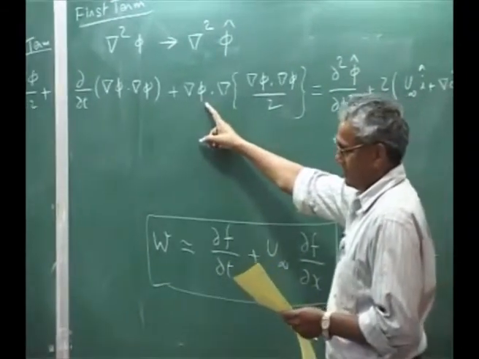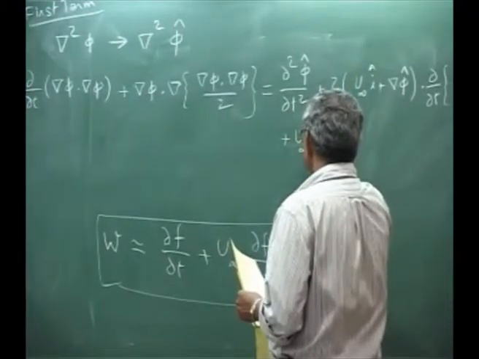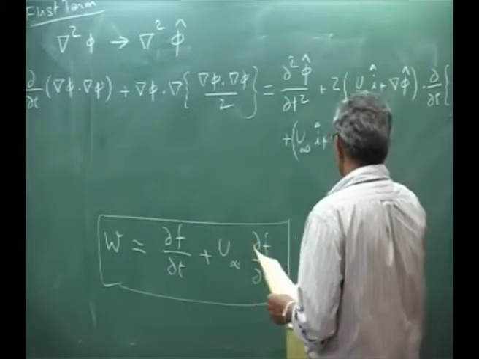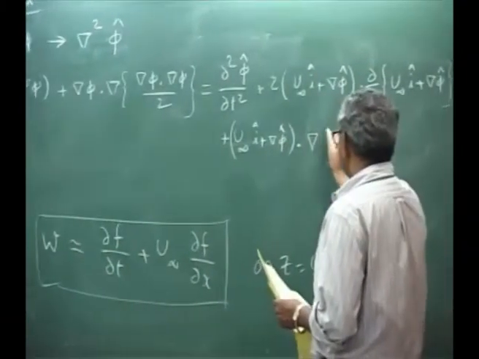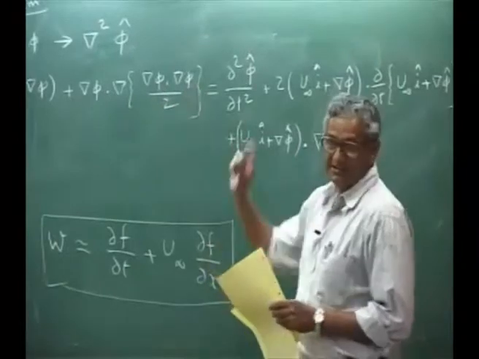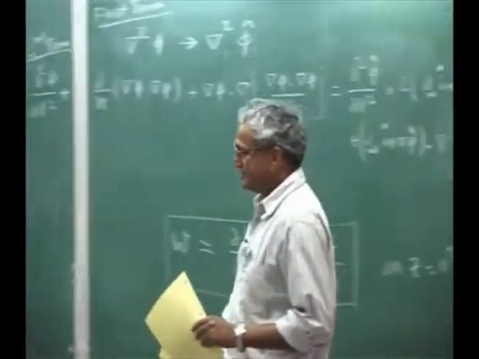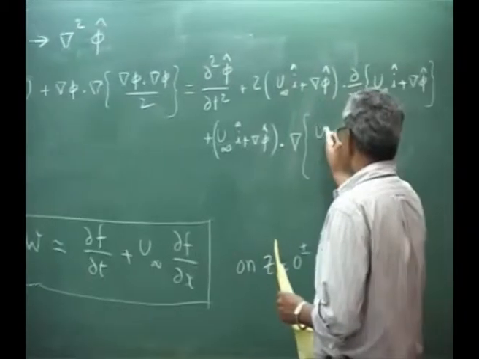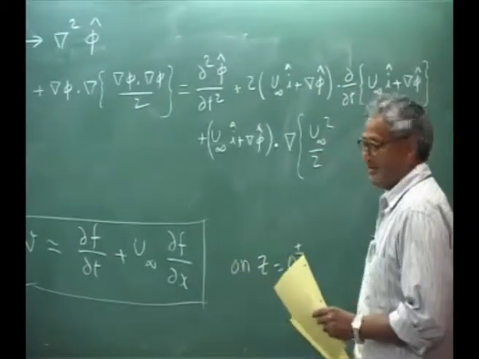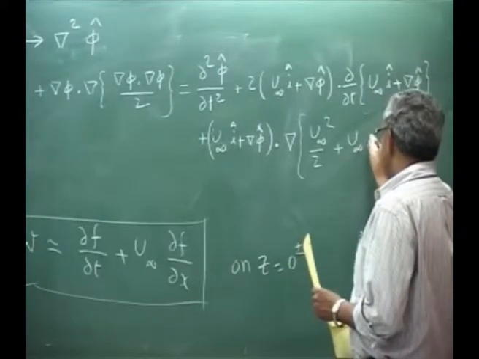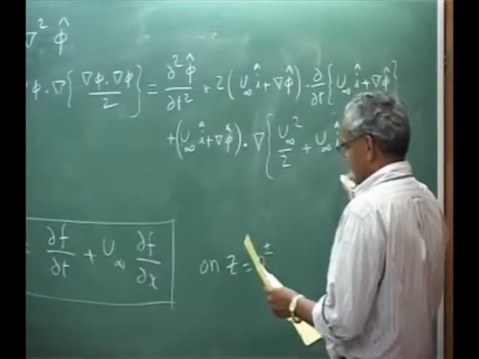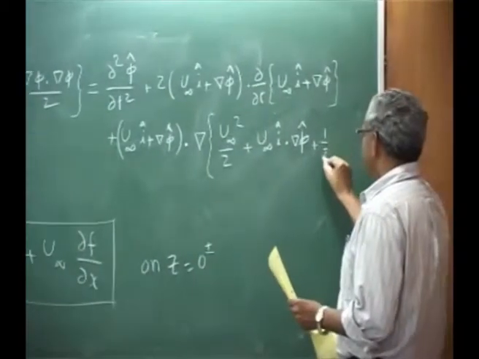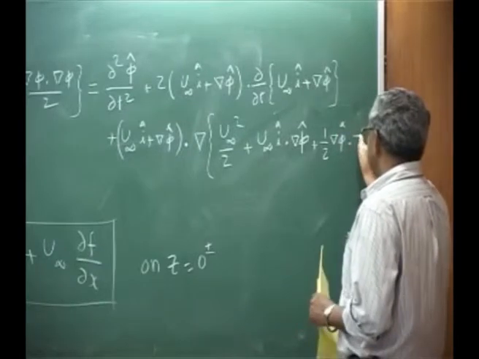Del phi is nothing but u infinity I plus del phi hat, and that is nothing but this dot this, which is u infinity square over 2 plus u infinity I dot del phi hat plus half del phi hat dot del phi hat.